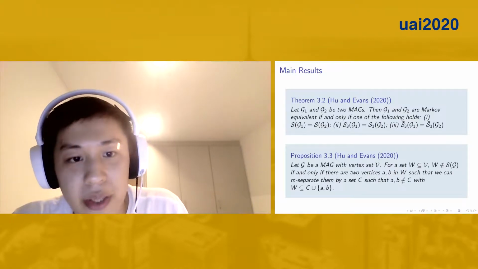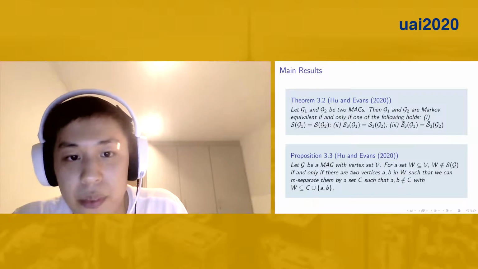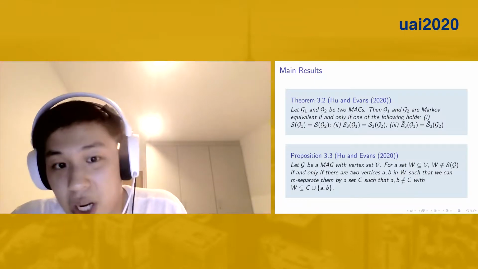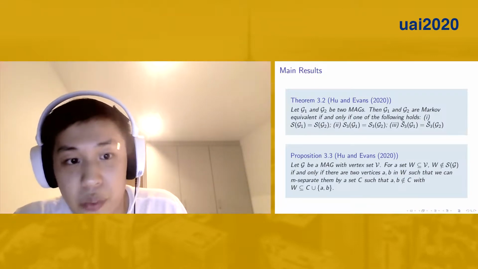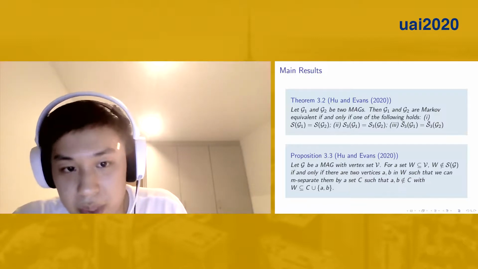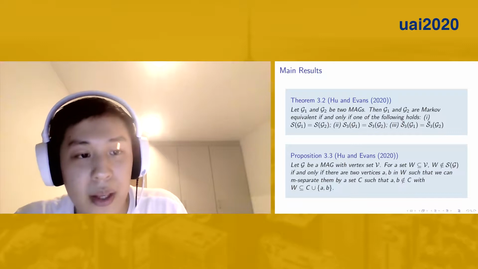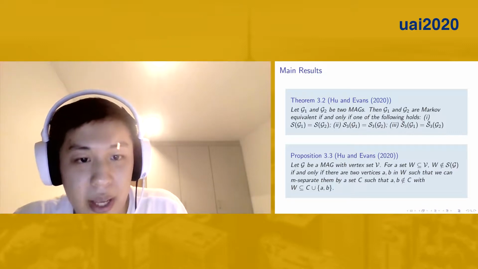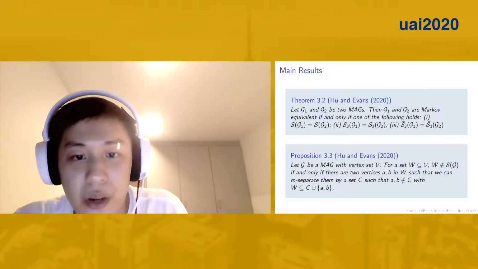Our main result is Theorem 3.2. It states that two MAGs are equivalent if and only if they agree on the parameterization set S, or they agree on S_3, or they agree on S tilde 3. Let's take a look at the proof of one direction of our theorem.